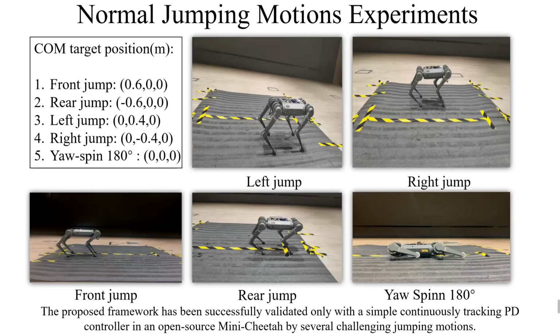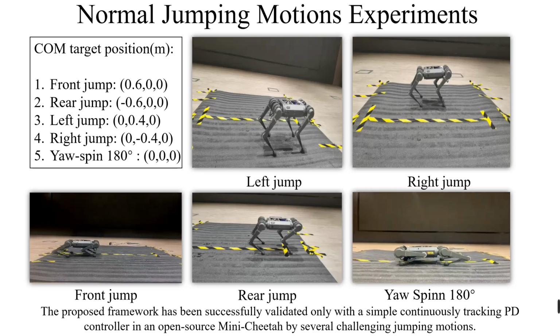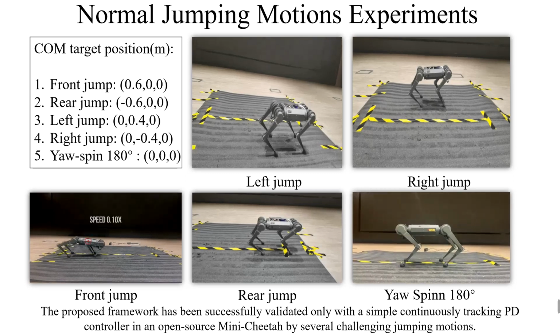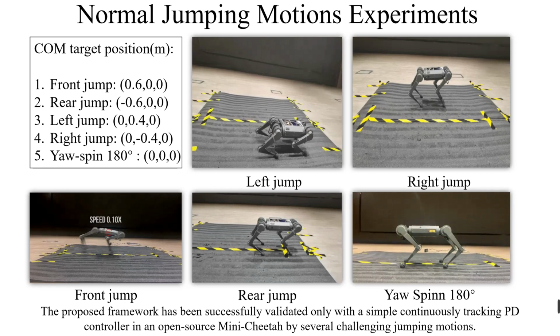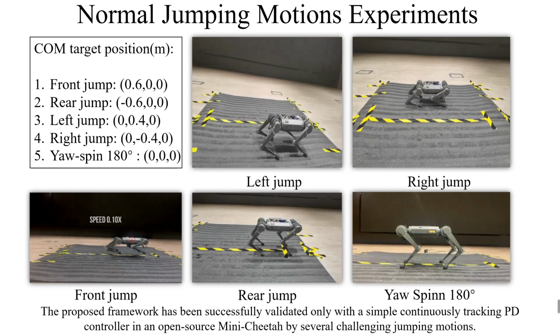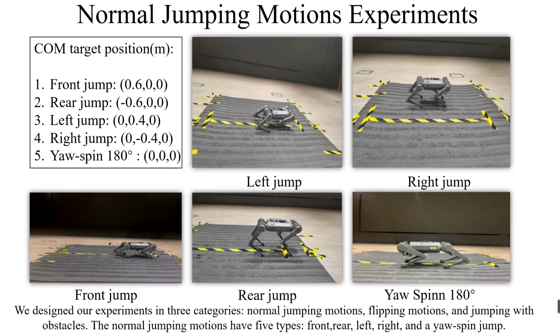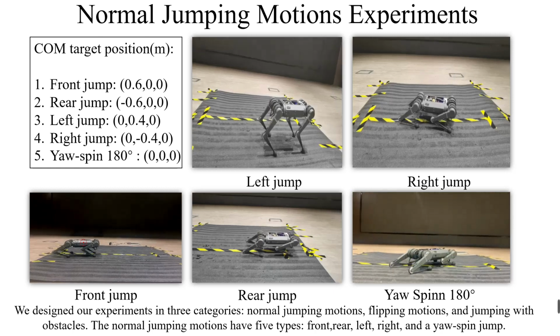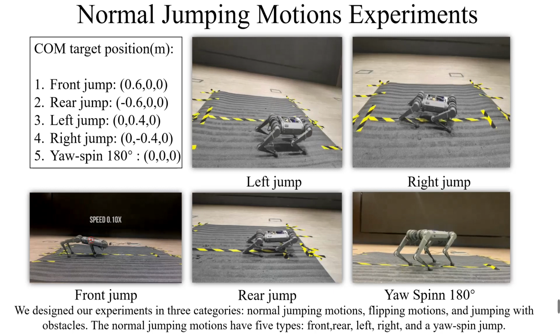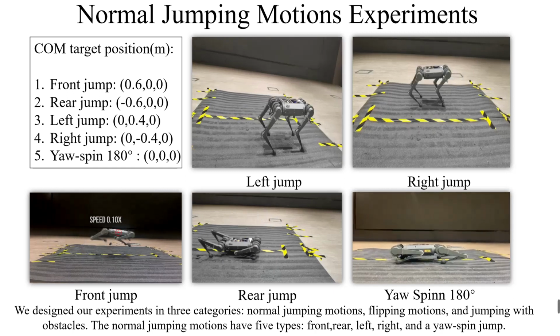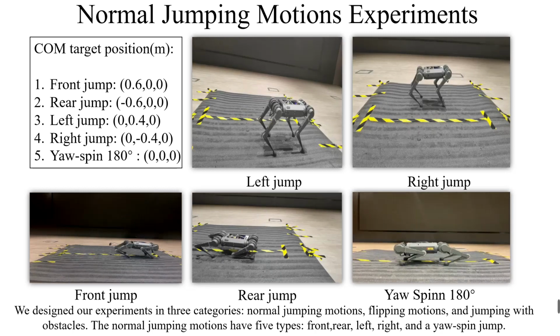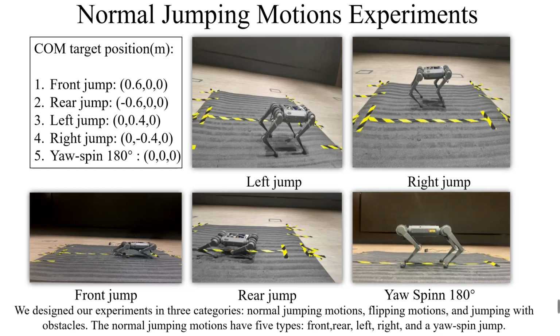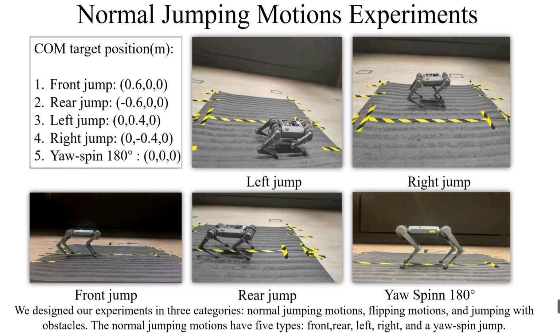The proposed framework has been successfully validated with only a simple continuous tracking PD controller on an open-source mini cheetah through several challenging jumping motions. We designed our experiments in 3 categories: normal jumping motions, flipping motions, and jumping with obstacles. The normal jumping motions have 5 types: front, rear, left, right, and a yaw spin jump.